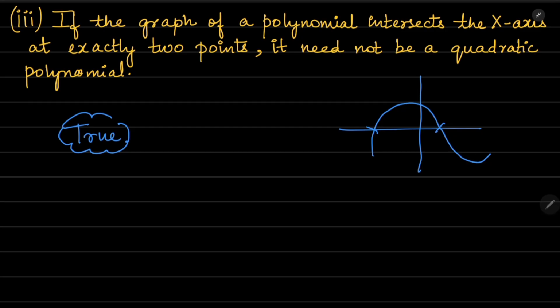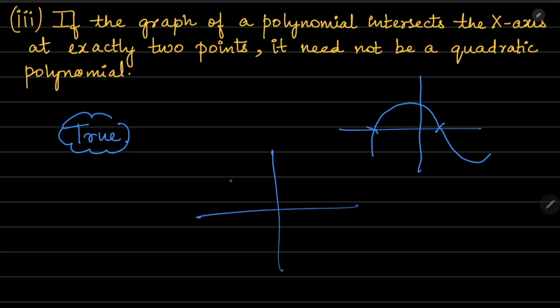Because a polynomial of degree more than 2 is also possible, which intersects the x-axis at exactly 2 points. Suppose it has 2 real roots and the other roots are all imaginary, then it need not be a quadratic polynomial. So, if the graph intersects the x-axis at exactly 2 points, it may or may not be a quadratic.